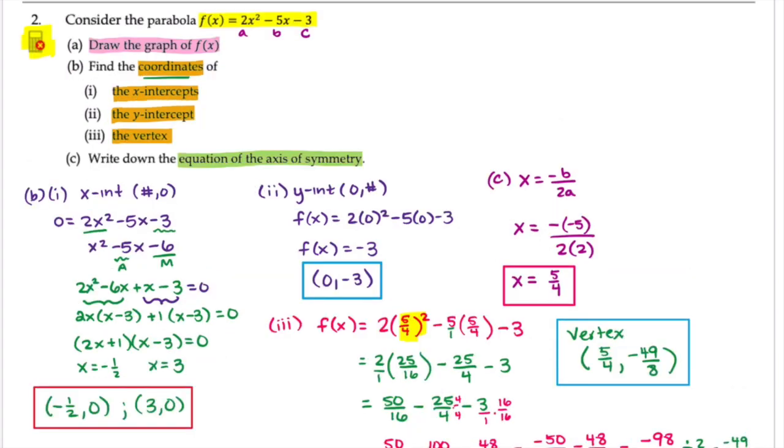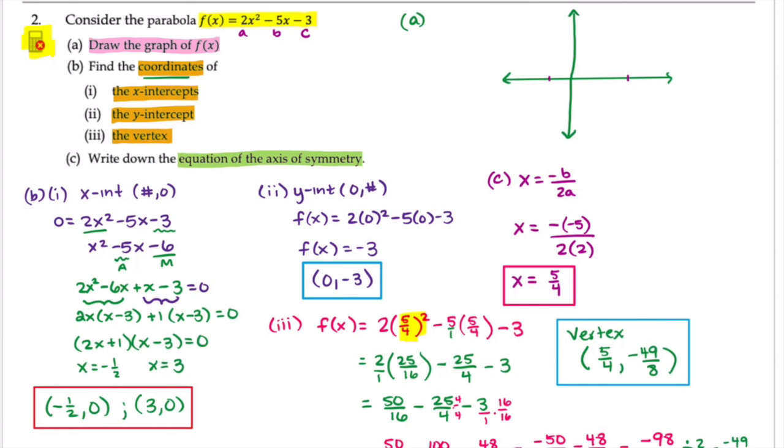The last thing, let's go back to part A. So for part A, we wanted to draw my quadratic, my parabola, and it's not going to be super nice, but everything that I have found already will be on my grid. So here we have the x-intercept of -1/2, 0, 3, 0.